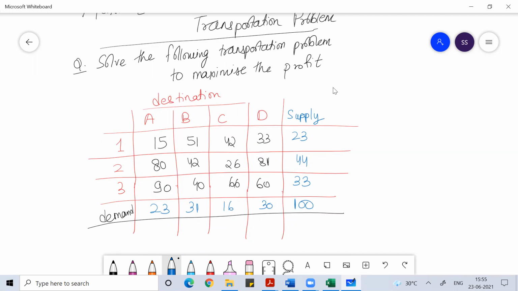Next thing we need to see whenever we are solving the problem is that the objective function should always be minimization. Here, for example, the objective function is maximization. How do we know that?